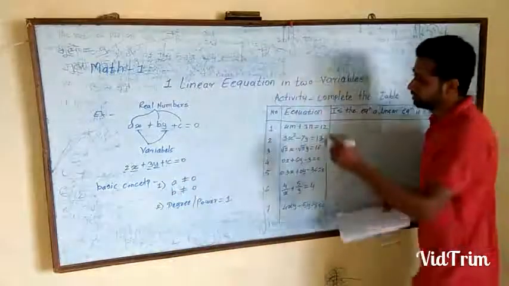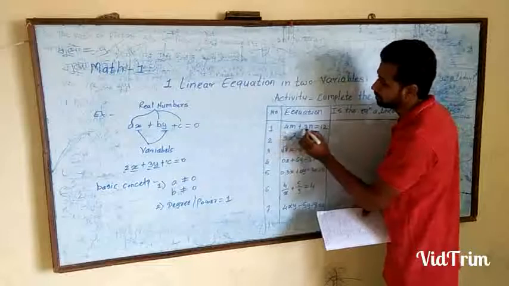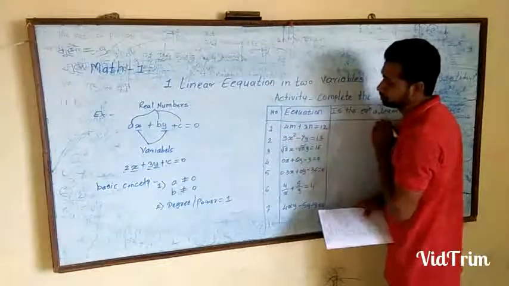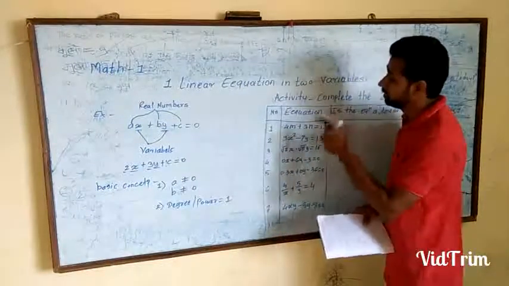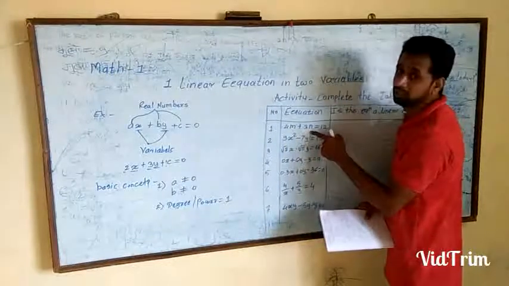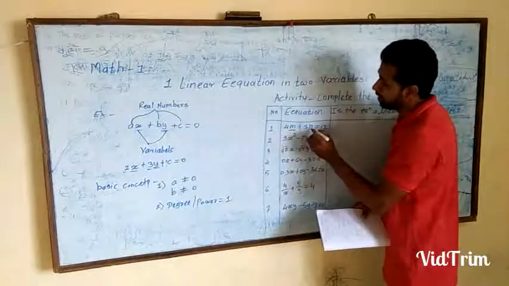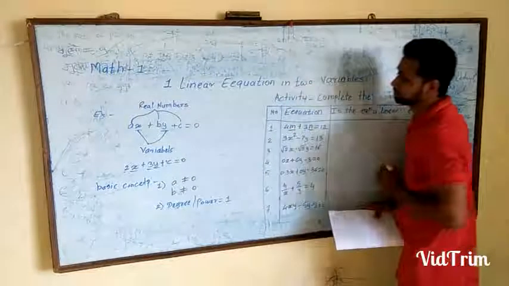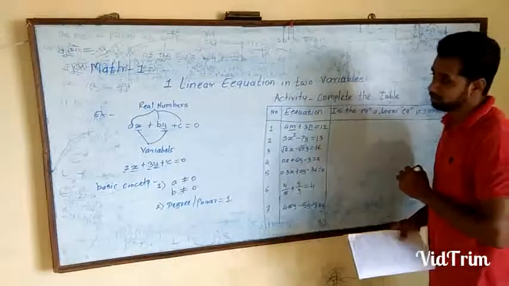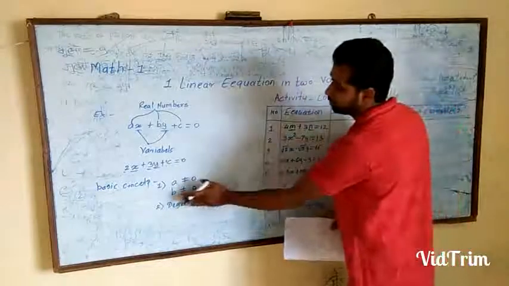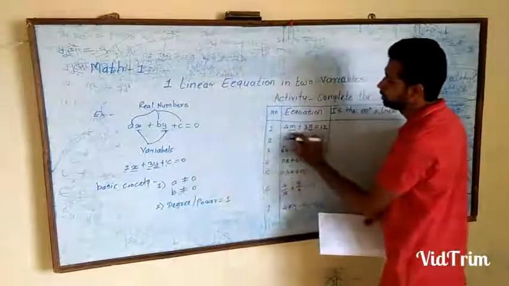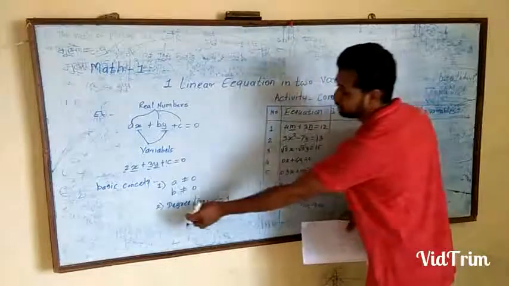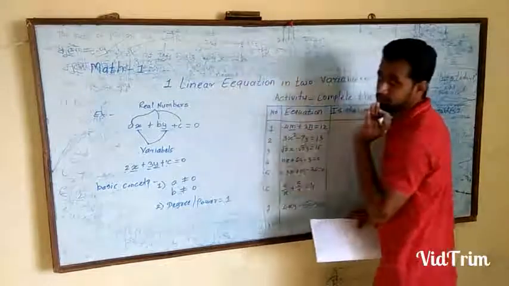So first example is 4m plus 3n is equal to 2. So you see in this equation m and n are two variables. 4, 3. These are real numbers. The basic concept is a and b should not be 0. a and b 0 नहीं है. Degree power should be 1.